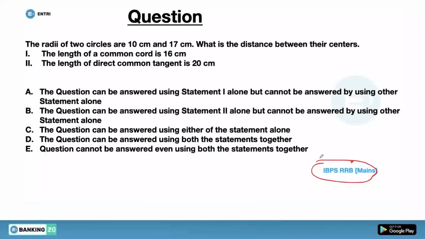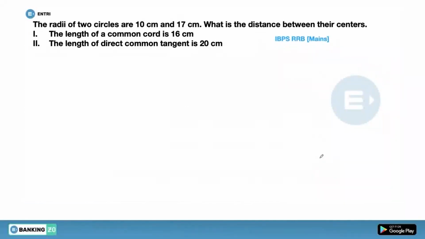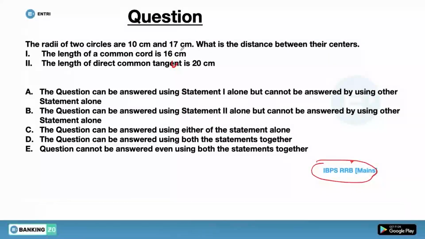Fine. So let's understand the question scenario. They are saying that the length of a common chord is 16 centimeter and the length of the direct common tangent is 20 centimeter. That means here I am going to use the formula of LDT, the length of direct common tangent. And what is the formula of LDT? Just a second.